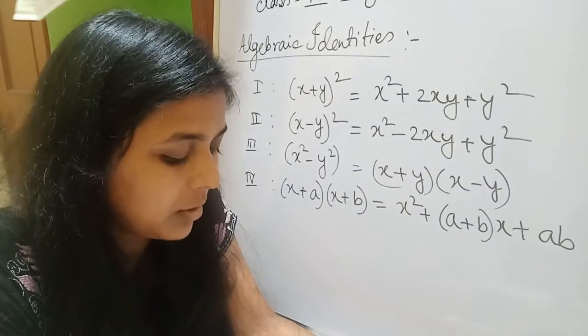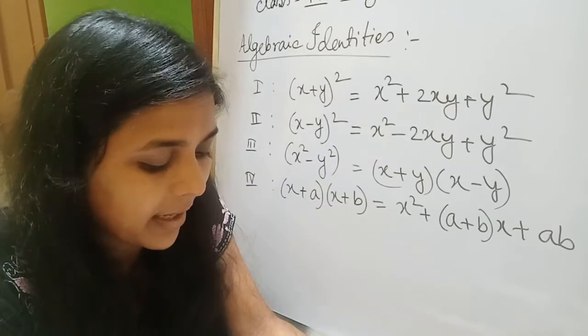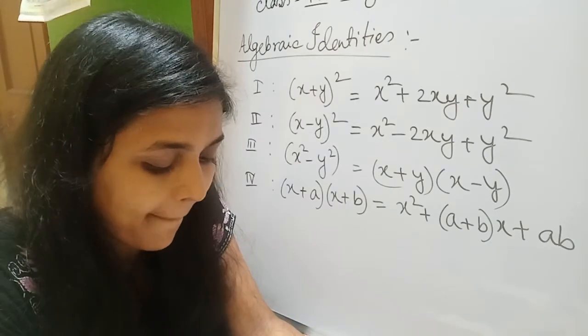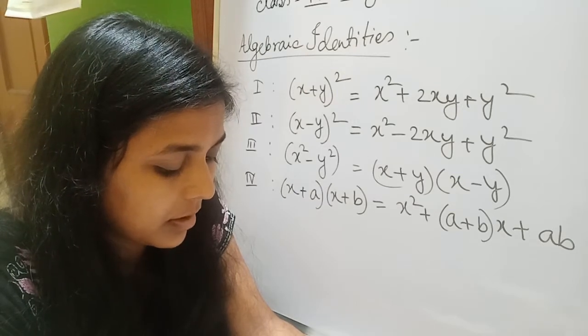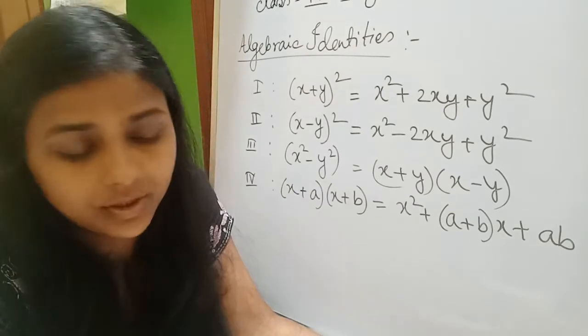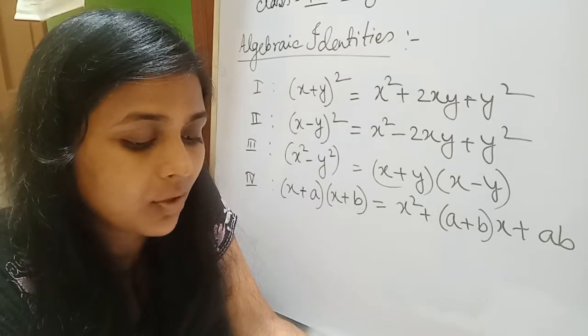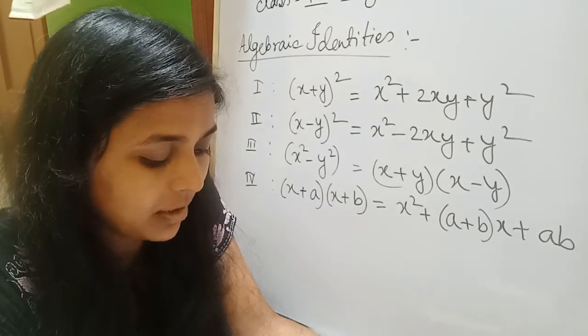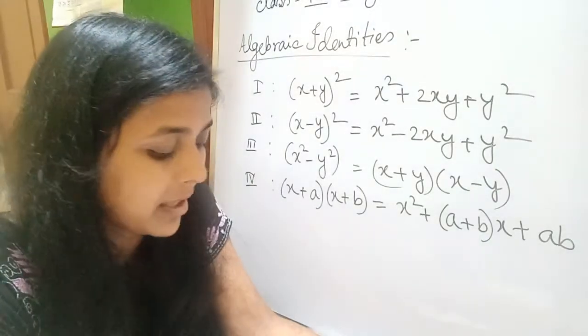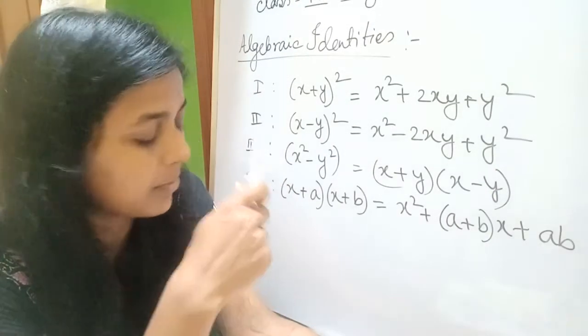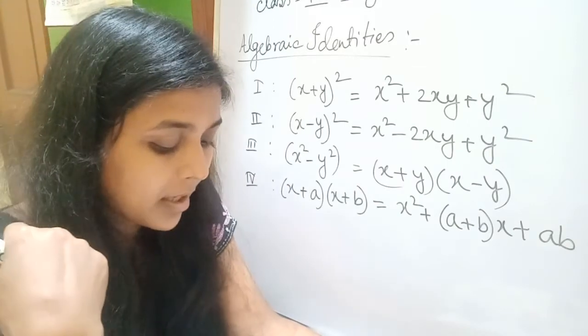The question is: use suitable identities to find the following products. Okay, so we can do question number 1, all questions, by using these identities. Question number 2 can be done by using any one of these four identities.